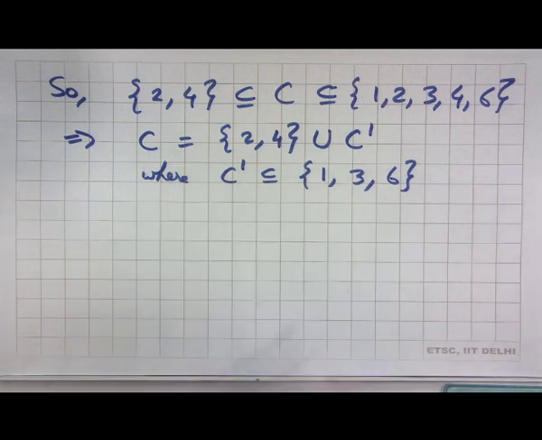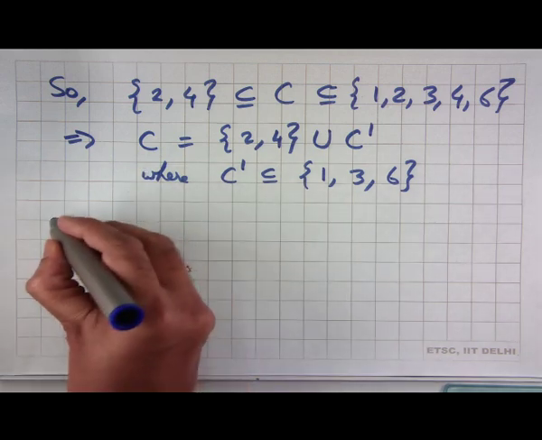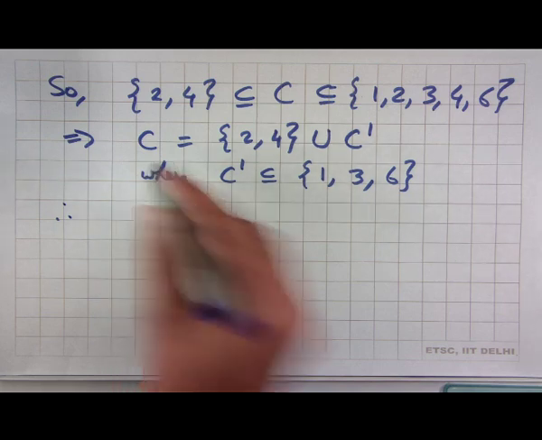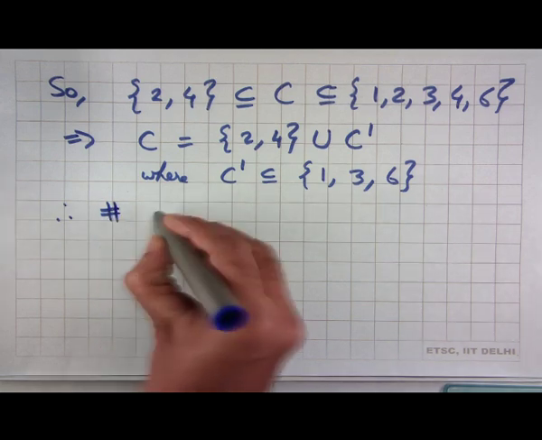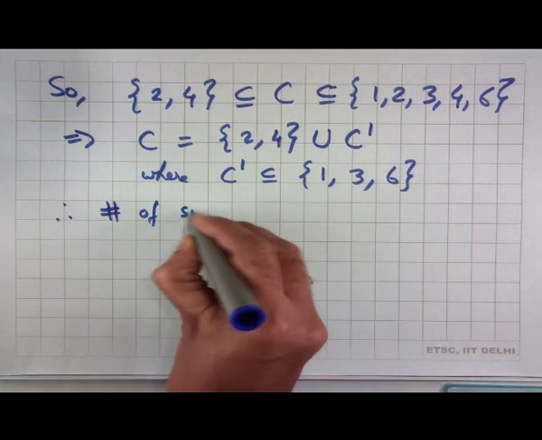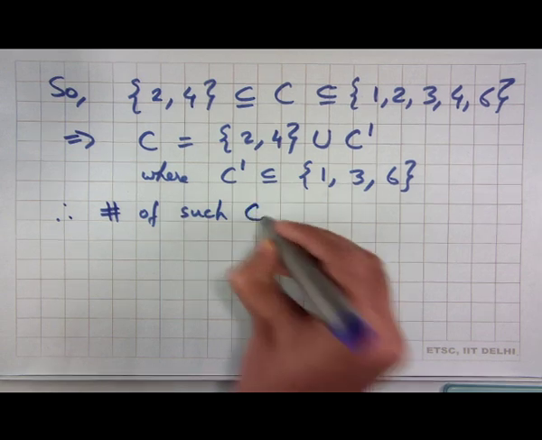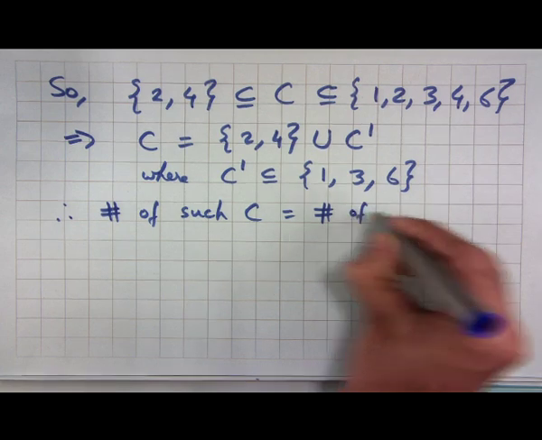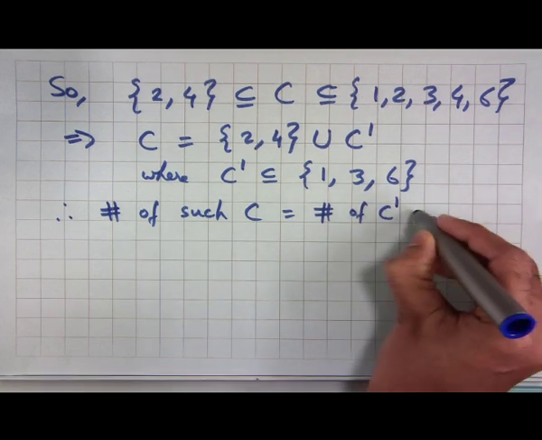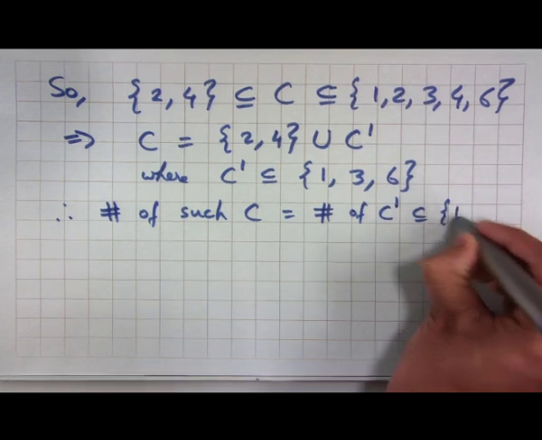So, the number of such C is equal to the number of C prime, which is a subset of {1, 3, 6}.